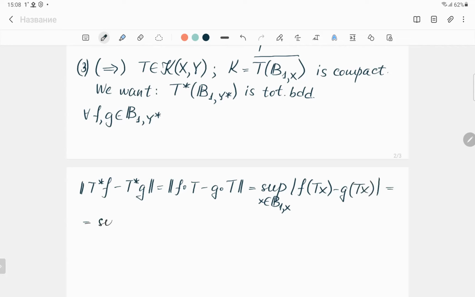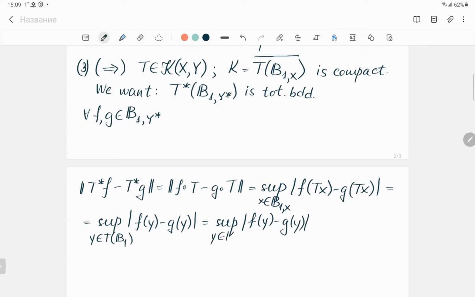Or equivalently, this is the supremum over the image of the unit ball of f of y minus g of y. If we now replace the image of the unit ball by its closure, that is by K, the supremum will be the same by continuity. And what is this?